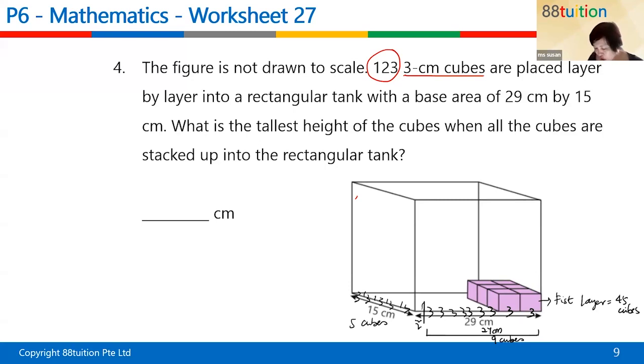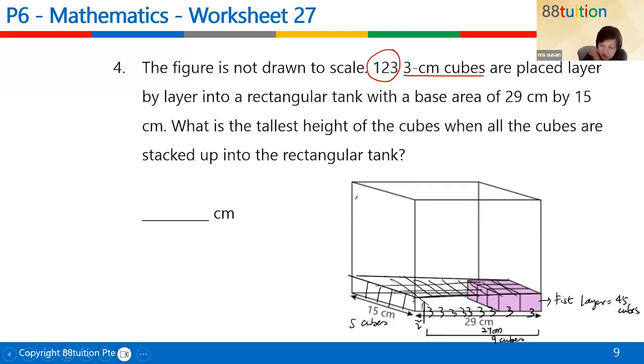Do you know how I get my 45 cubes? I just have to cut it like that. Okay. Then after that, I would have like that. Okay, so like that. So I have 1, 2, 3, 4. I'm also untidy. Okay. So properly, I would have like that. 3, 6, 9, 12. So meaning to say, I would have 3, 6, 9, 12, 15, and here I have 9 of them.